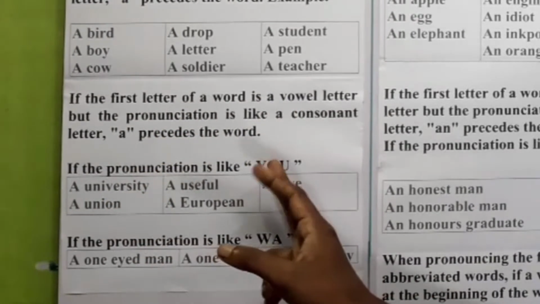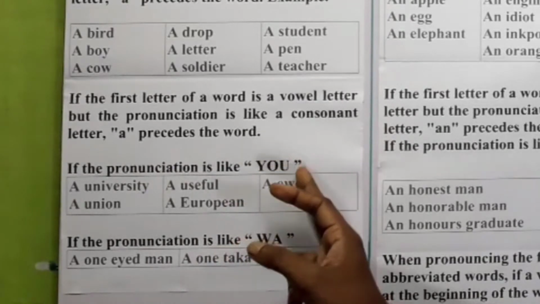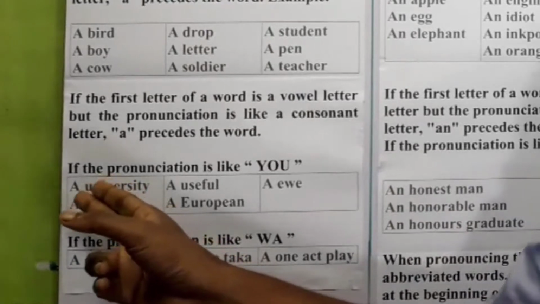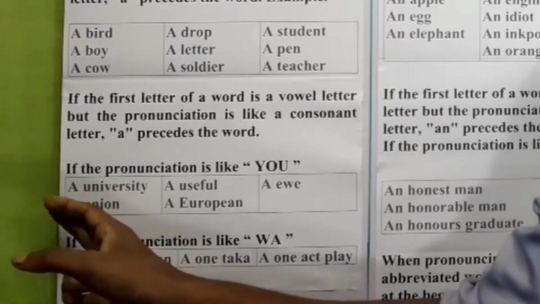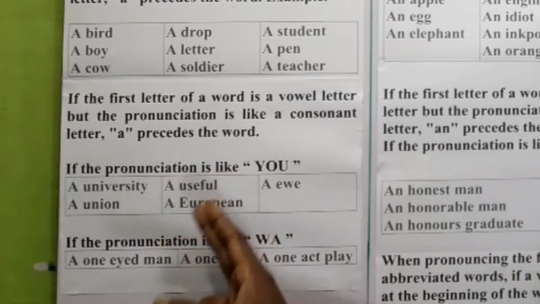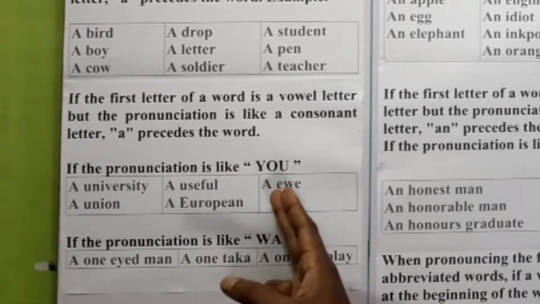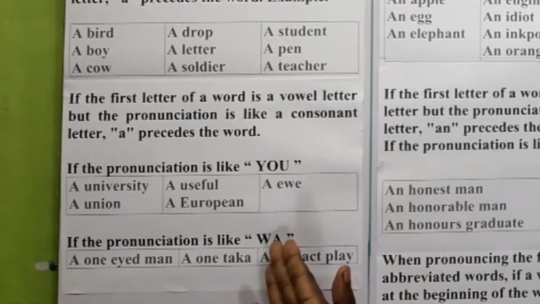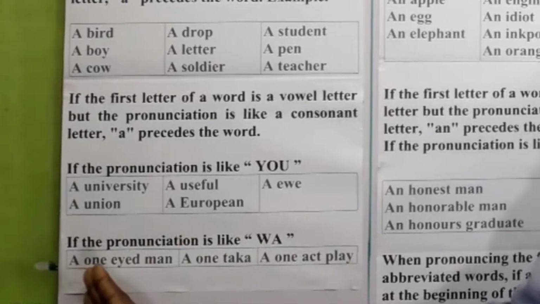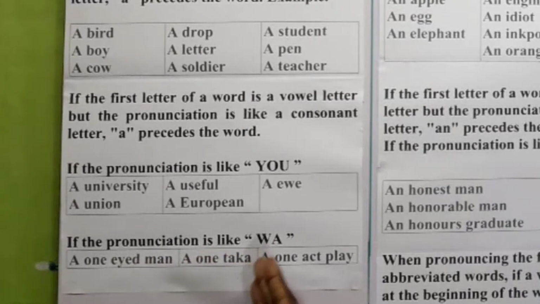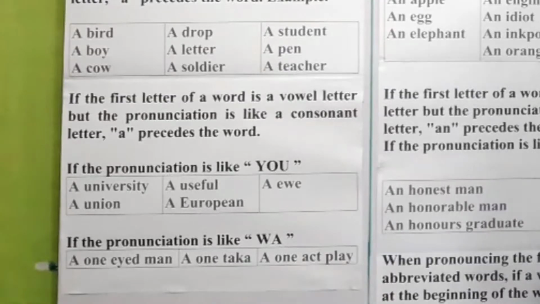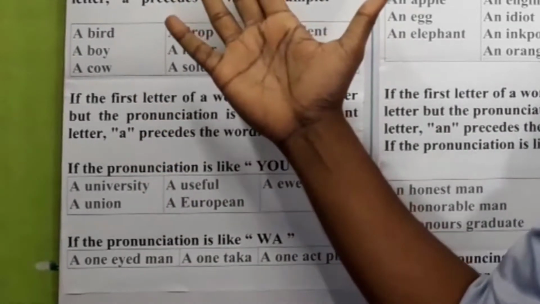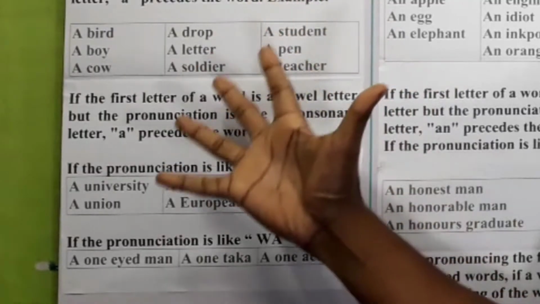If the pronunciation is like U, Y, O, U, Y is a consonant letter: a university, a union, a useful, a European, a U. If the pronunciation is like wa, W, A: a one-eyed man, a one taka, a one-act play. If the consonant sound is given, then a is used. A very simple matter.